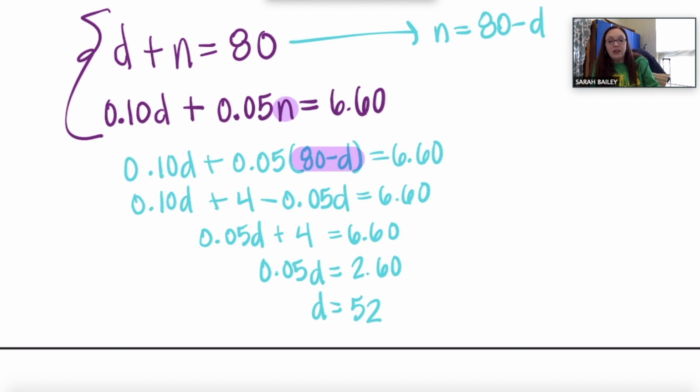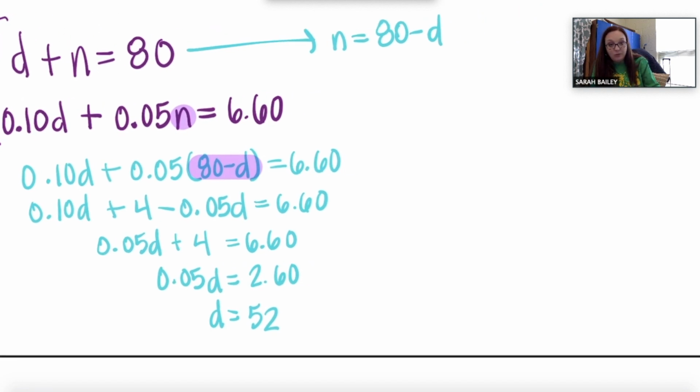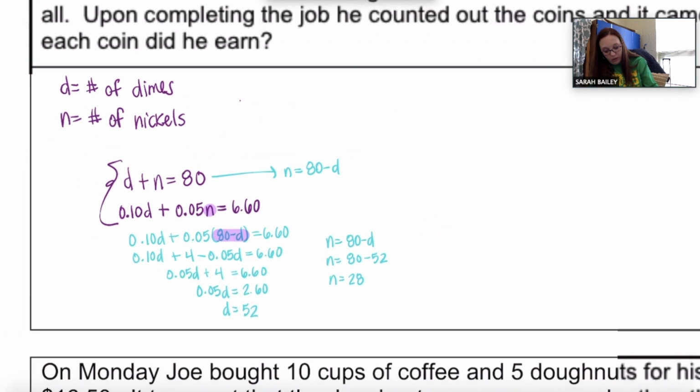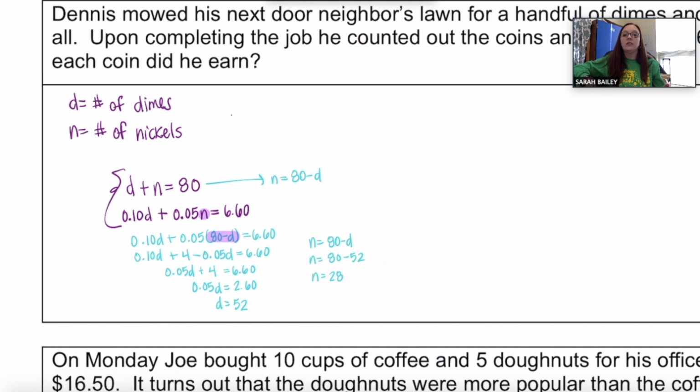And then for N, we know that N is equal to 80 minus D. So if D is 52, N is equal to 80 minus 52, which is 28. So again, how many of each coin did he earn? So Dennis had 52 dimes and 28 nickels.